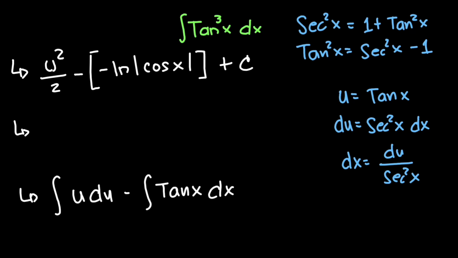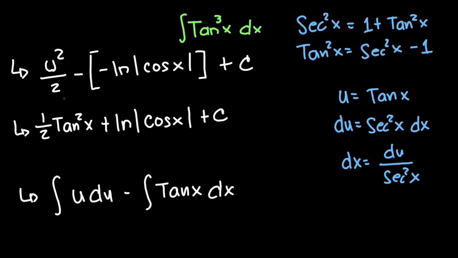And so, let's substitute u back into its original form, which is tangent of x. So I will just rewrite this in this form, which is 1/2 tangent squared of x plus, because there are two negatives here, natural log the absolute value of cosine of x plus the constant of integration.